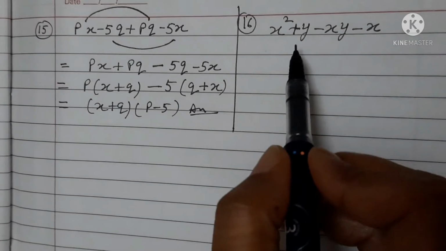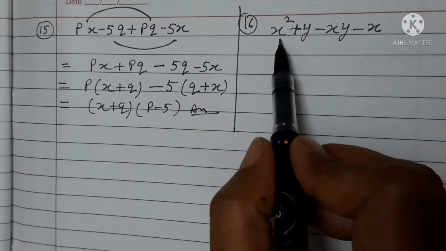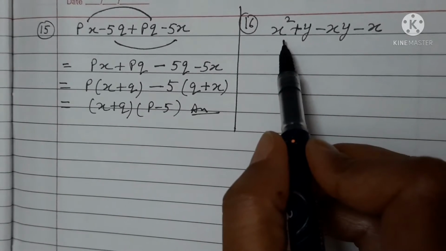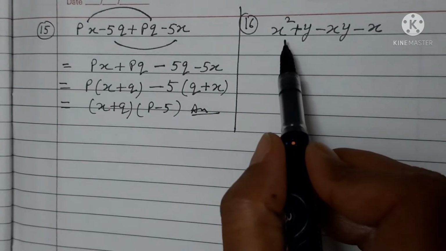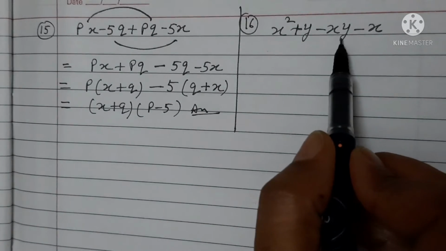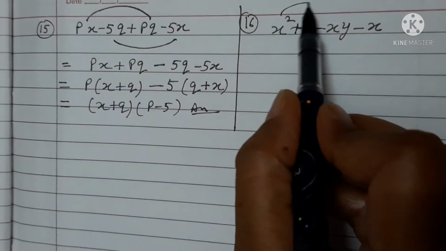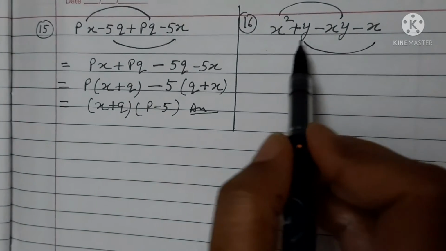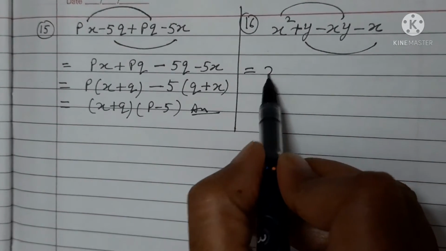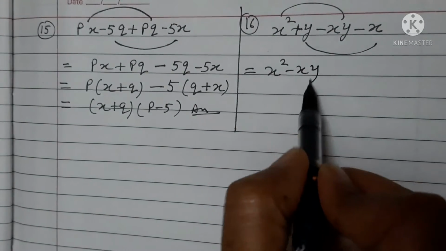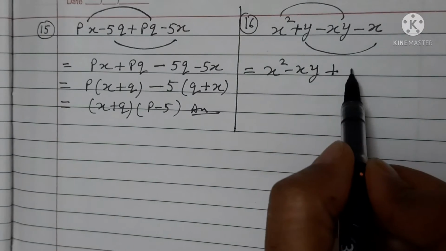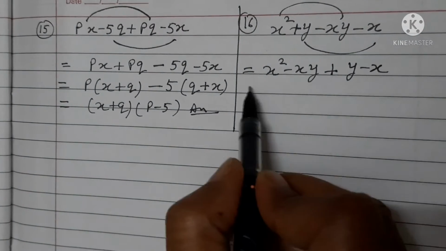Now which terms can you take together to group? Group x square with the other term, and these 2 take together. So write down x square minus xy plus y minus x.